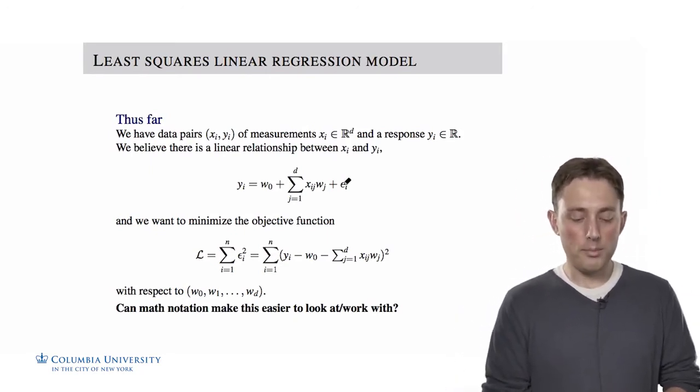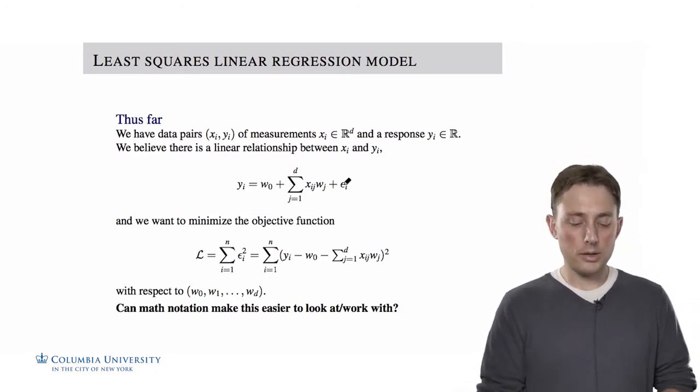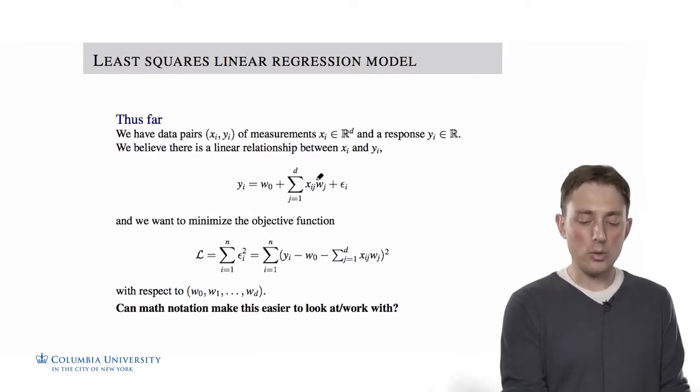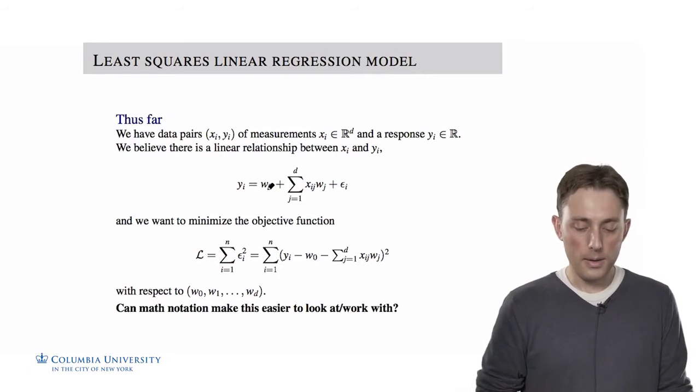And our goal now is to minimize the sum of the squared errors, which means that we're trying to minimize the sum of the squares of these epsilon i's, the number that we have to add in order to get this to become an equality.